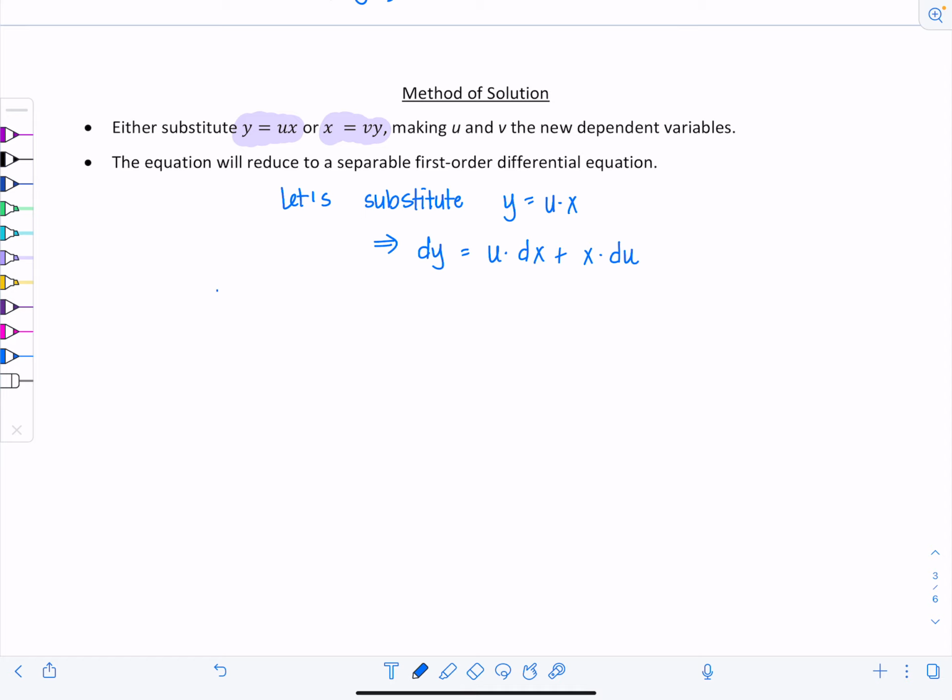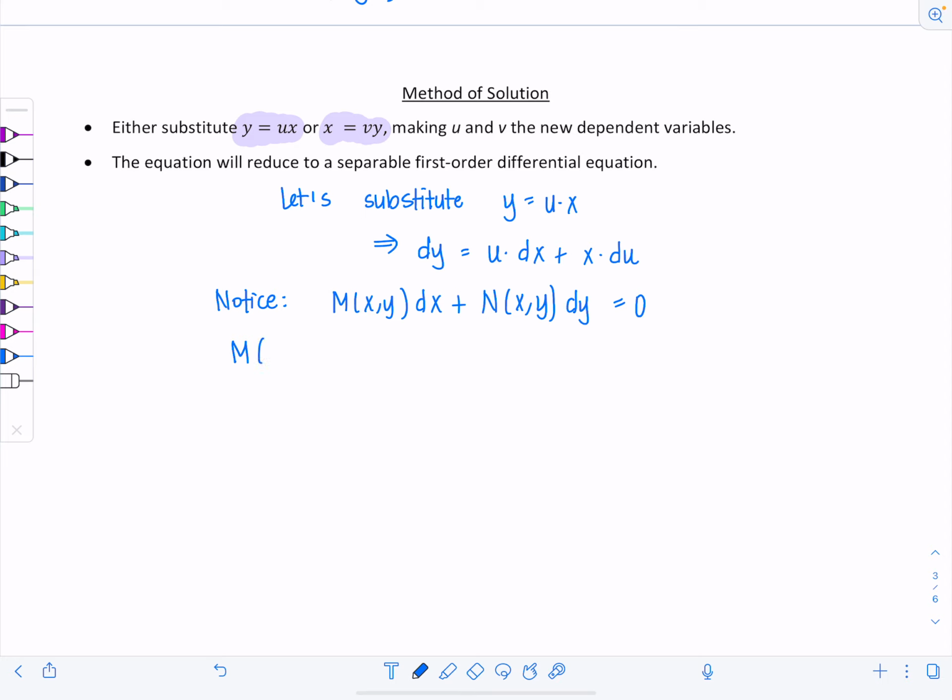So remember, we start with m of xy dx plus n of xy dy is equal to 0. And now let's go ahead and make our change of variables.